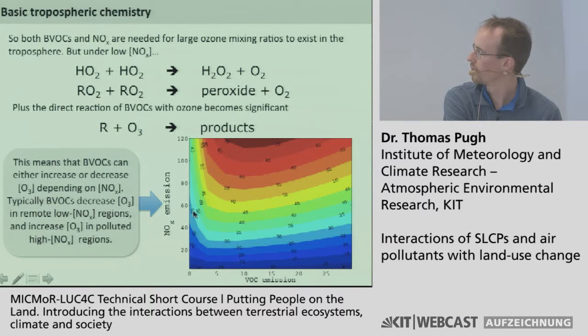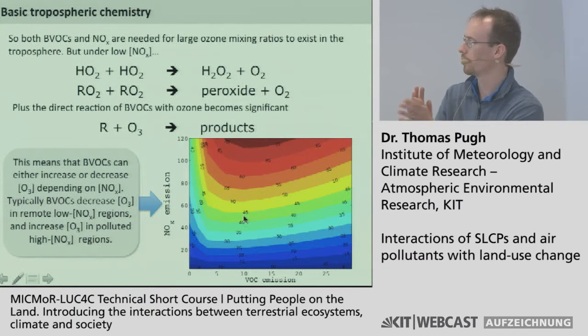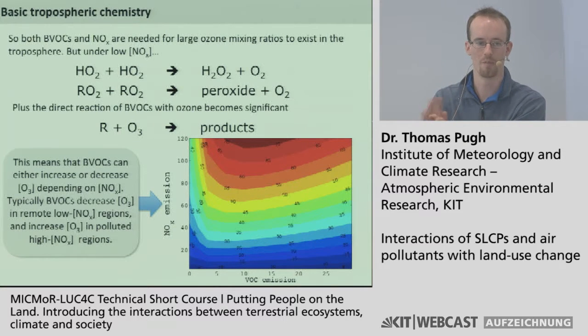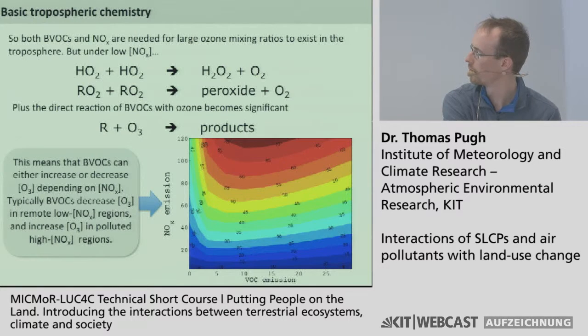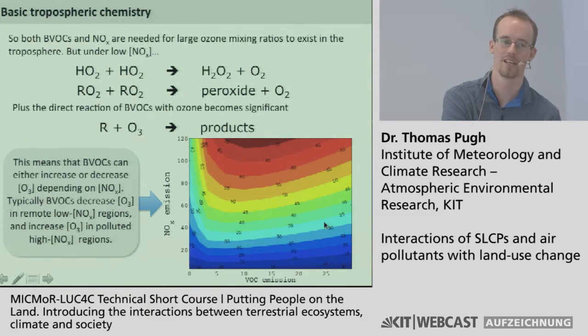Similarly, if you take this middling NOx emission, you start off by increasing your VOCs, you initially increase your ozone concentration, and then you get to a point where the chemistry flips from this mode where it's effectively limited by the amount of VOCs that are available, and it becomes limited by the amount of NOx instead. And then instead of more VOCs increasing the amount of ozone, they start to decrease it again.